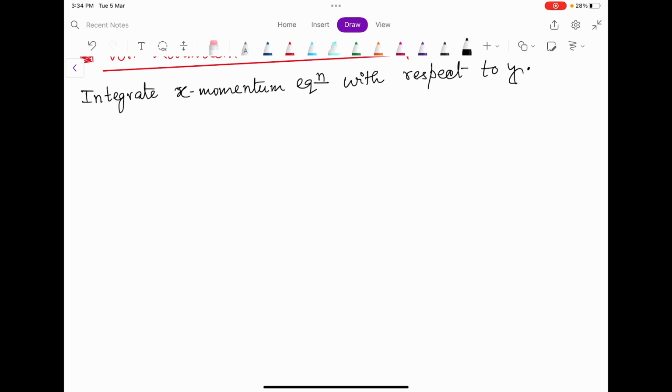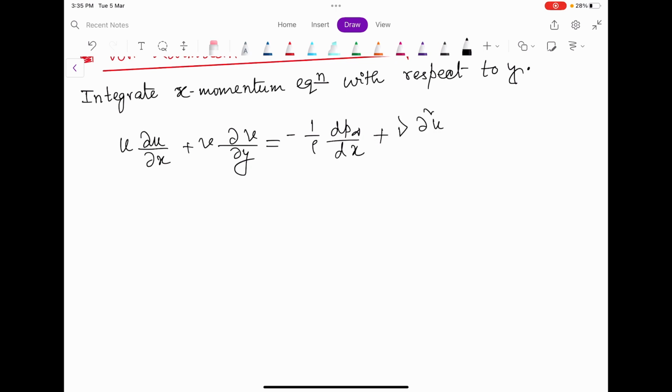So the x momentum equation says u into del u del x plus v into del u del y is equal to minus 1 by rho dp infinity dx plus nu into del square u del y square.